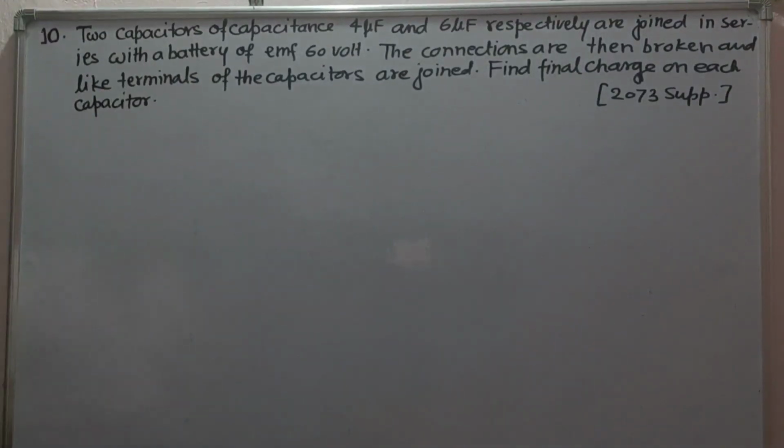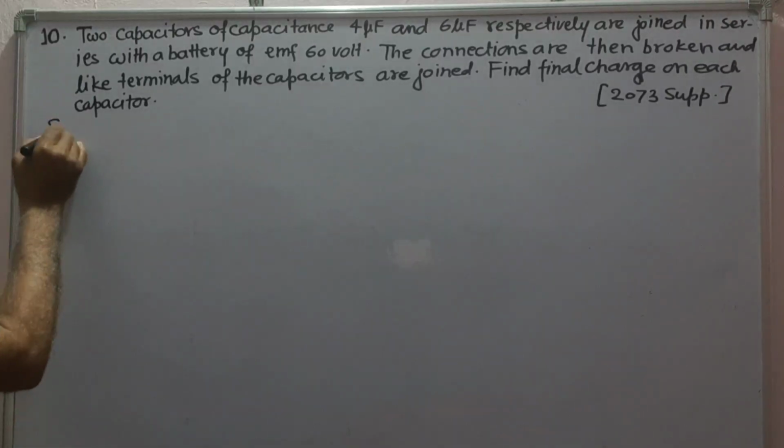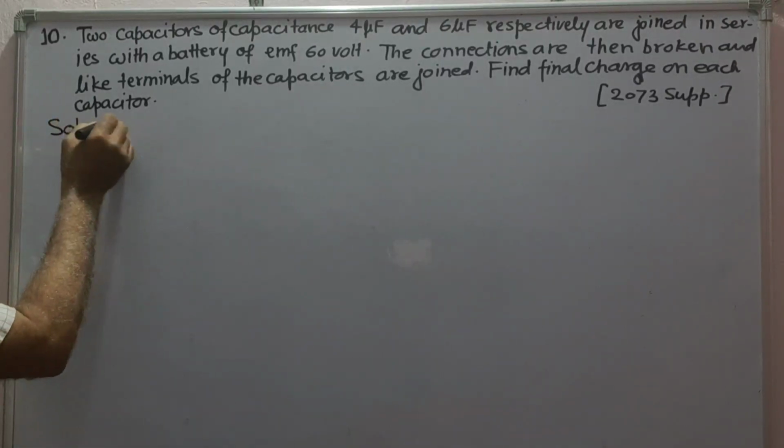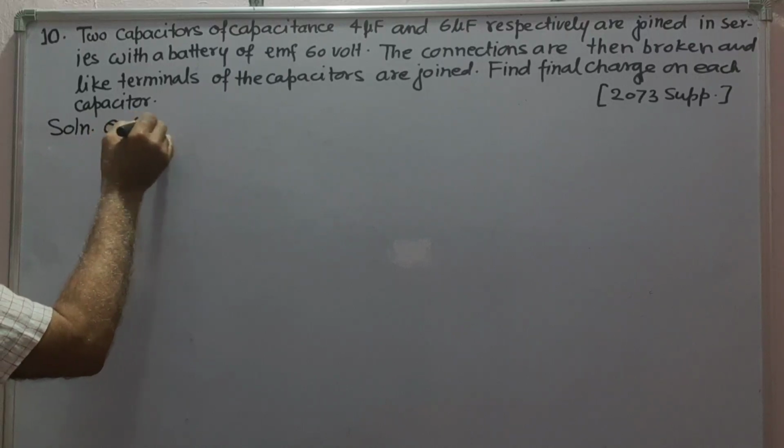Next we take question number 10. The question is, two capacitors of capacitance 4 microfarad and 6 microfarad respectively are joined in series with a battery of EMF 60 volt. The connections are then broken and like terminals of the capacitors are joined. Find the final charge on each capacitor. So, solution to question 10.